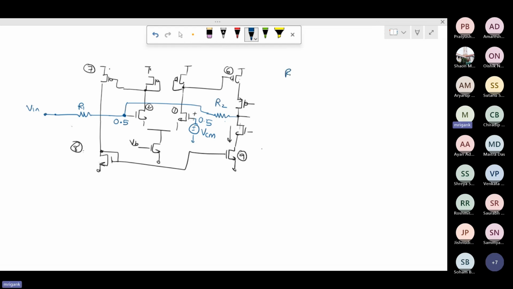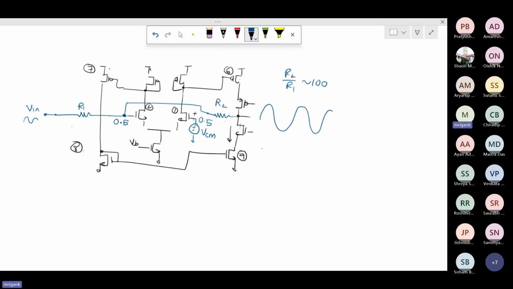Then when your input signal is changing, at this node the signal amplitude will be small, but at the output node your signal swing is going to be much bigger, right? As compared to 0.5 volt, it will go much higher and lower. Here on the input side, the signal is 100 times less, so I can ignore it.